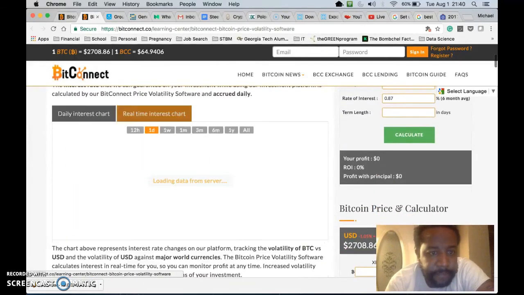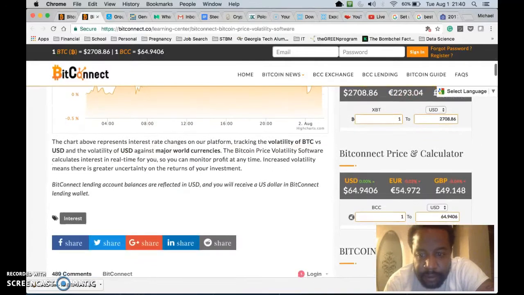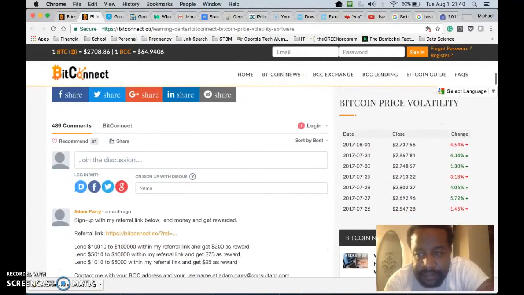It's not bad. When you're looking at the daily volatility, as you're approaching the changeover to each day, you just want to make sure you're watching the price because that's what's going to determine the daily interest rate. So today, Bitcoin dropped a little over 4.5%.